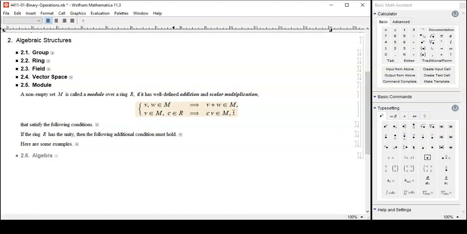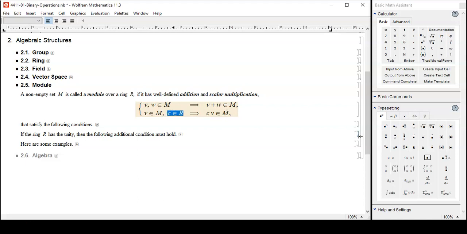So basically, if you multiply by 2 to stretch a vector and double the size, that's okay. But if you shrink it by multiplying by 1/3, you can't do that because the scalar is coming from a ring.